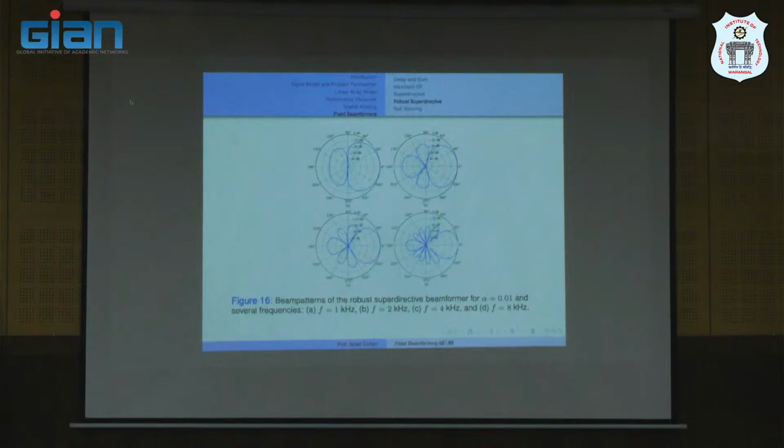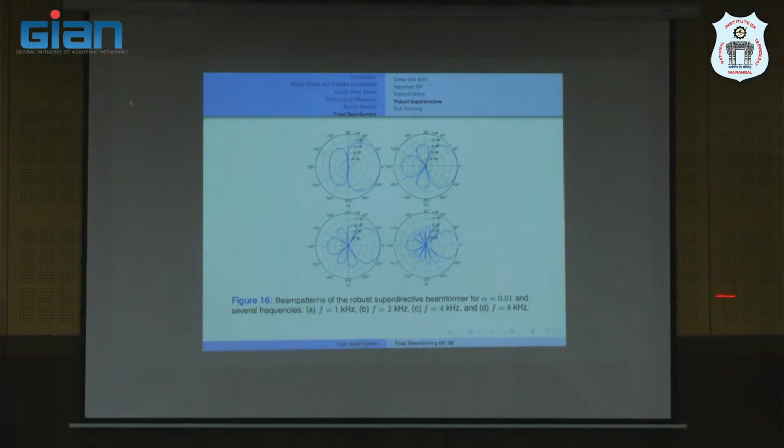The minimal constraint is that the main beam is directed to 0 degrees. We didn't put any constraint on the width. If we had a constraint, the performance would degrade regarding other measures. But here we didn't, so generally it becomes more narrow when we increase the frequency.